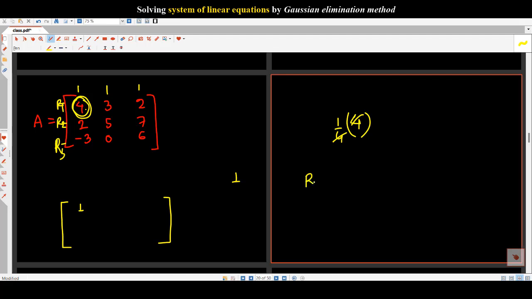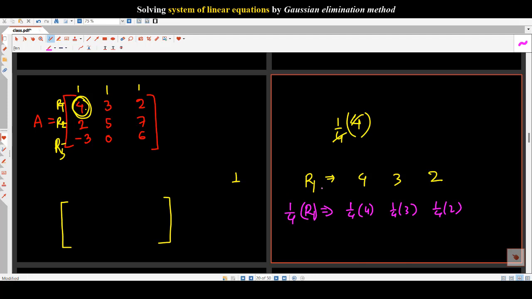That means row 1 values are 4, 3, 2. So after some operation, if we multiply 1 by 4 with R1, that means 1 by 4 will be multiplied with all values of R1.